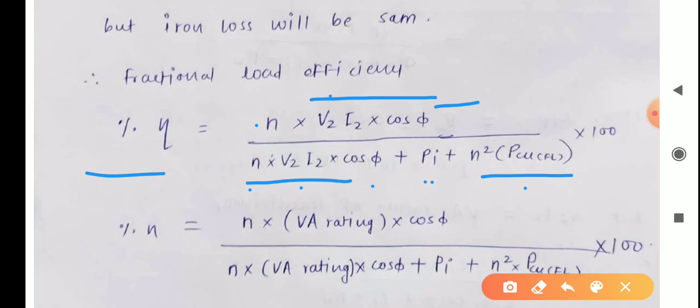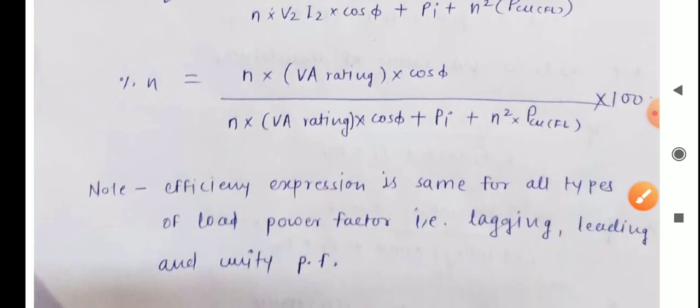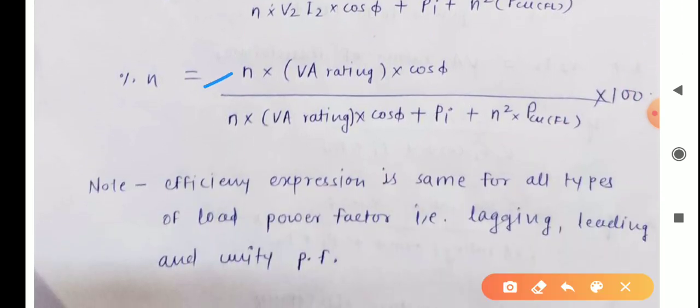And if we replace V2 I2 again by the VA rating, because the VA rating of the transformer is constant and only the output is changed, the percent efficiency formula will be n into VA rating multiplied by cos phi divided by n into VA rating multiplied by cos phi plus iron loss, which is constant, plus n square times the full load copper loss, multiplied by 100.